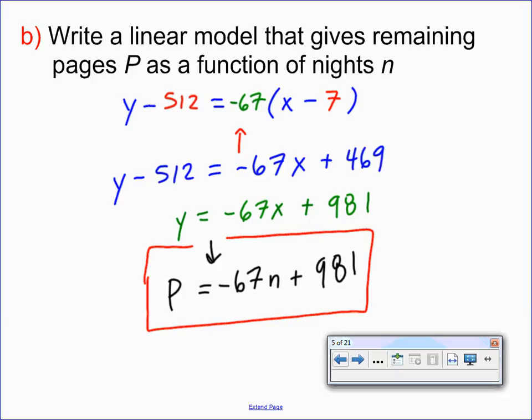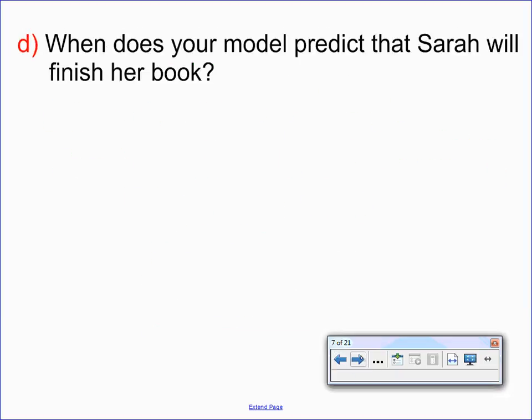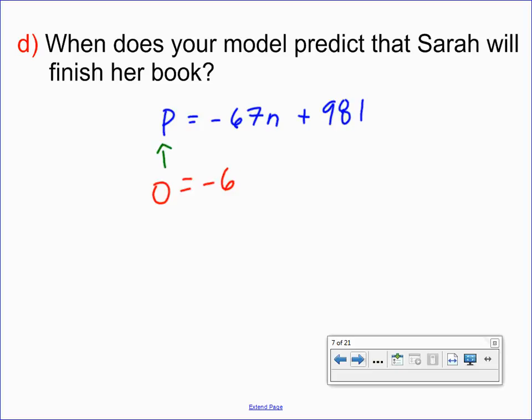So I'm going to import my model, p equals negative 67n plus 981. We'll purposefully set the pages remaining equal to 0 and solve for n, the number of nights it'll take to have 0 pages remaining. So I'll go ahead and subtract over the 981.